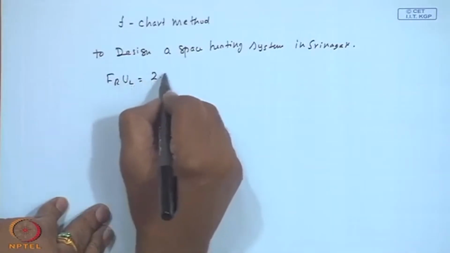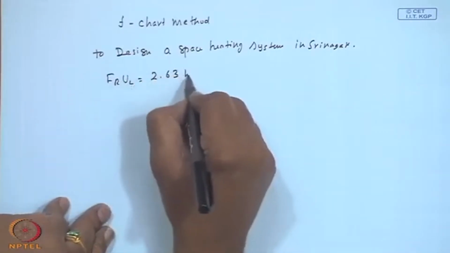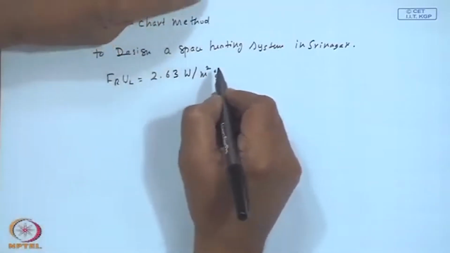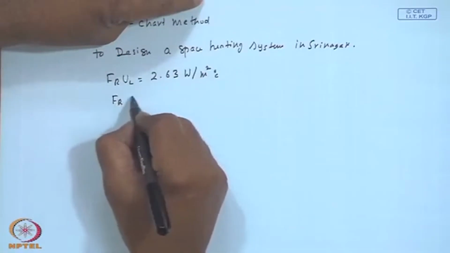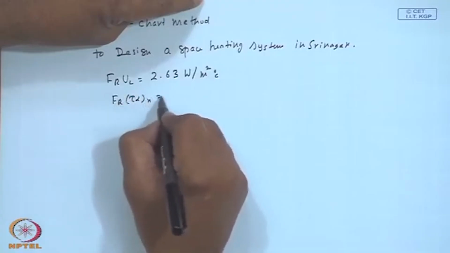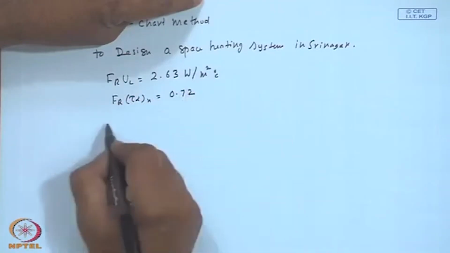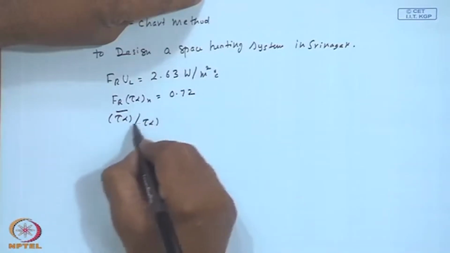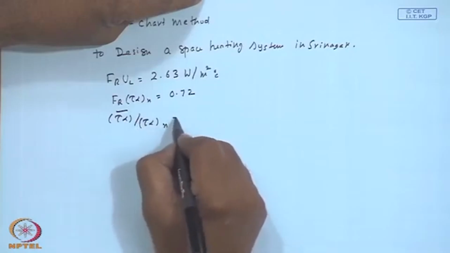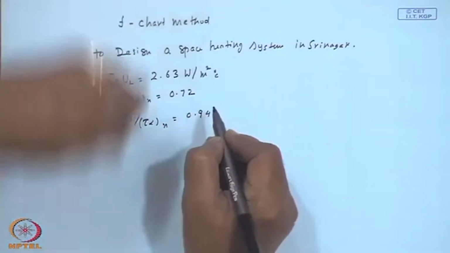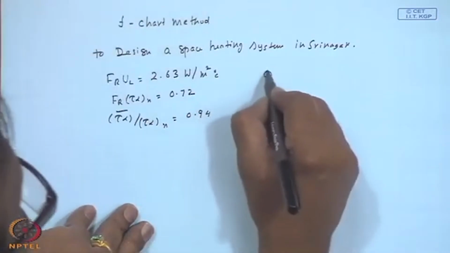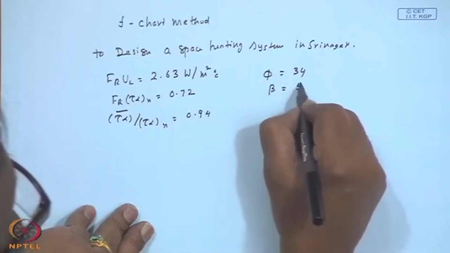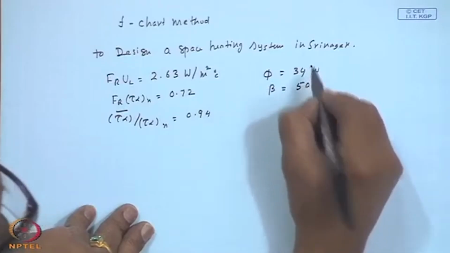F R U L is equal to 2.63 watts per meter square degree C, and F R tau alpha normal is 0.72, and you have tau alpha bar by tau alpha normal 0.94, which we have calculated. It makes a small difference because the latitude phi is 34, and beta we will choose for winter something like 50 degrees.